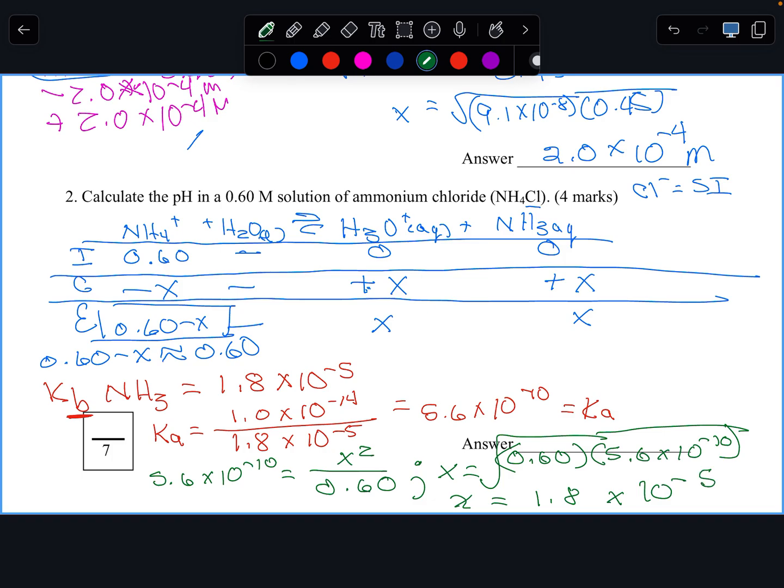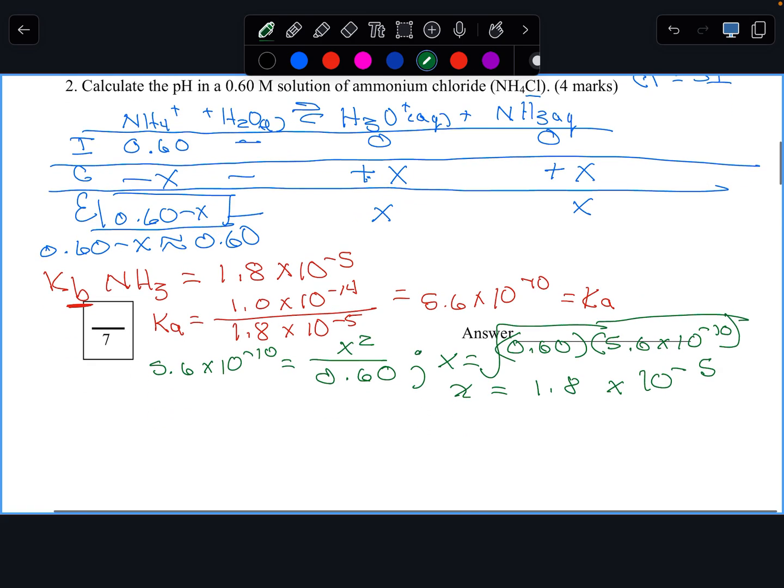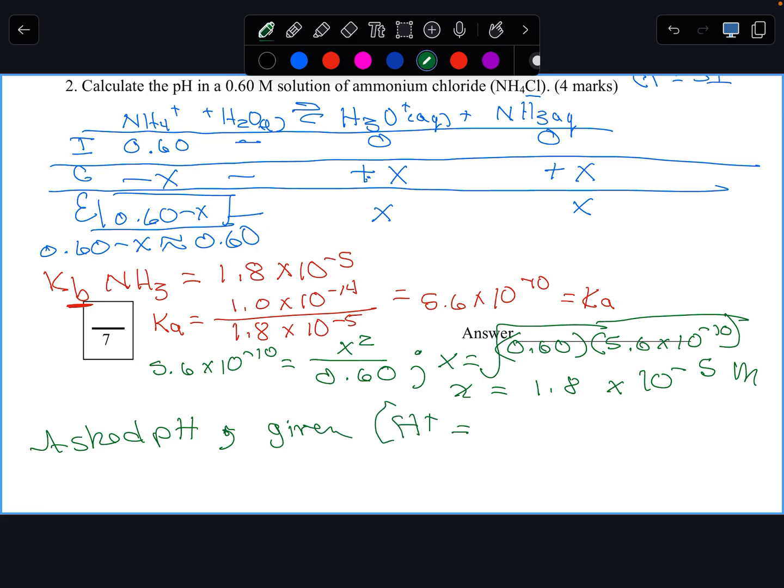What did I ask you to solve for? I asked for pH. And this is our concentration of our H+. So we are given our H+ concentration as 1.8 times 10 to the minus 5th molar. To find our pH, we will simply take the negative log of that number.